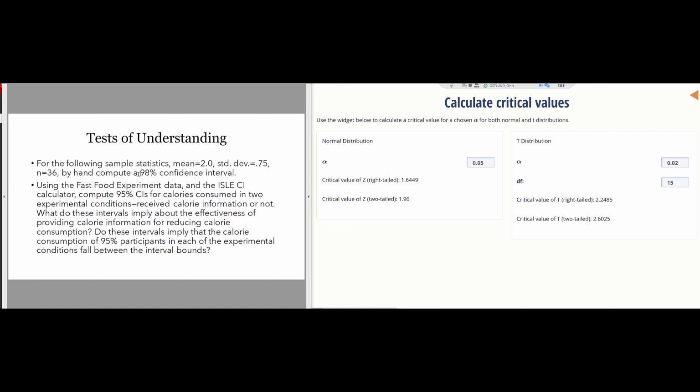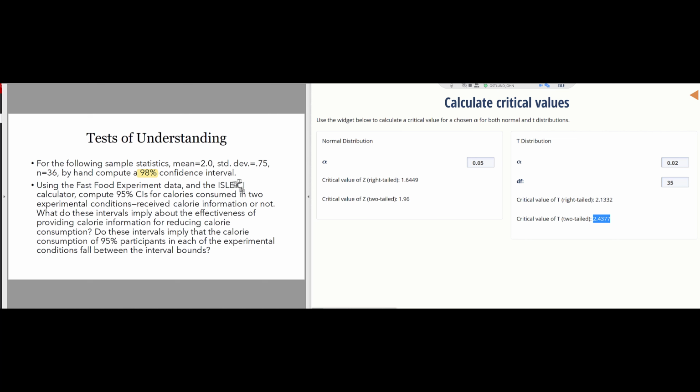We want a 98% confidence interval, which means that my alpha is going to be 0.02. My sample size is 36, which means that my degrees of freedom is 36 minus 1, which is 35. And therefore, my two-sided critical value for t is 2.4377.